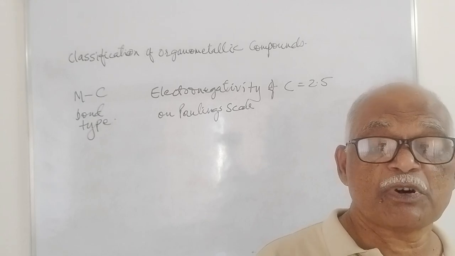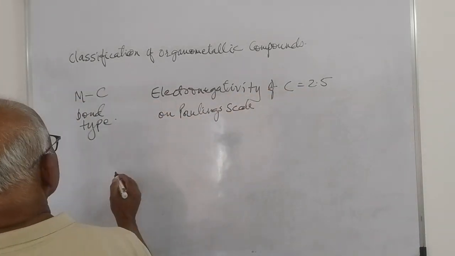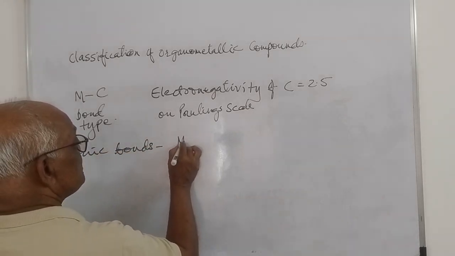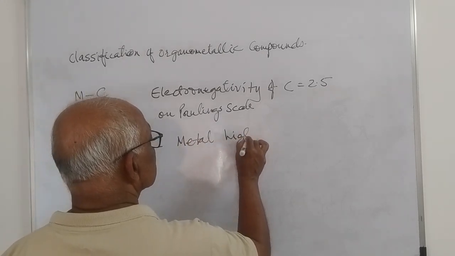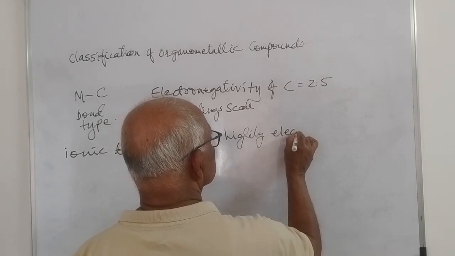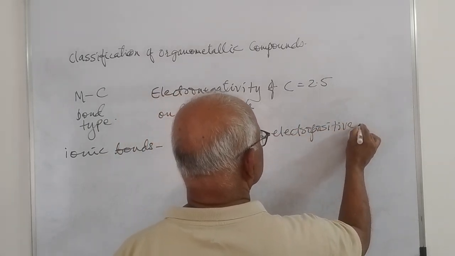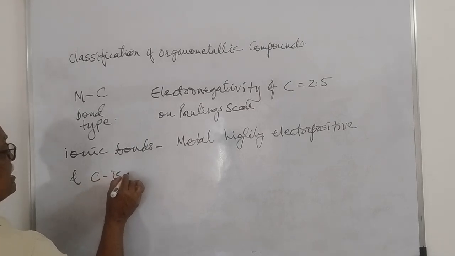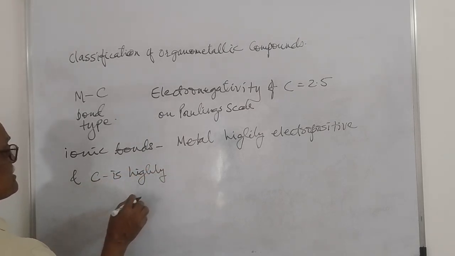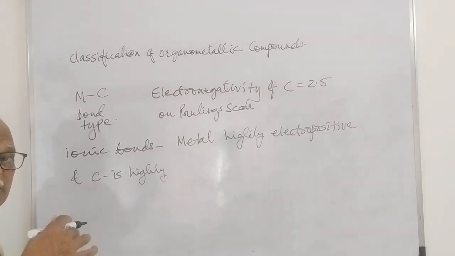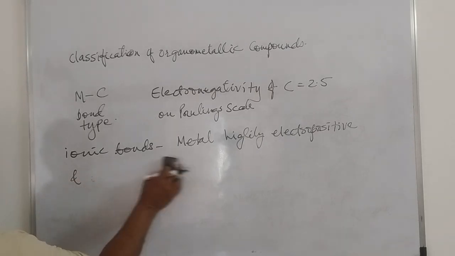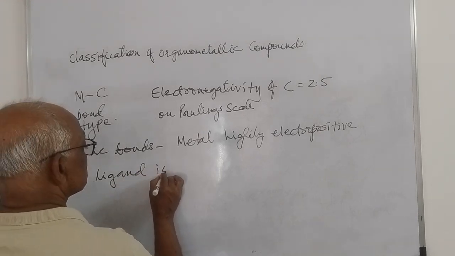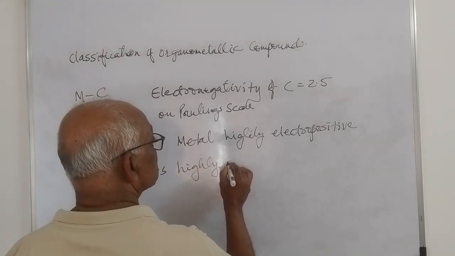Ionic bonds are formed when the metal is highly electropositive and the carbon, or the other ligand atom, is highly electronegative.